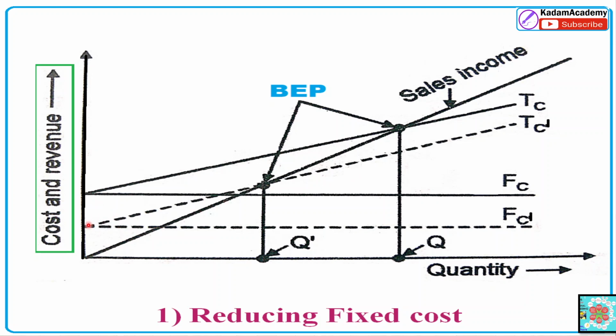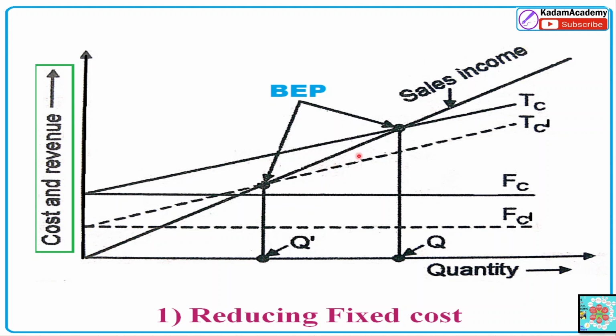We have to start from this point, and this is shown by the dotted line. So this line will intersect here, and previously it intersected here.